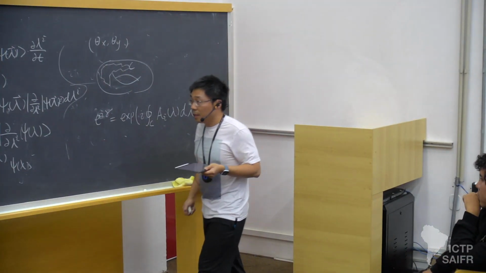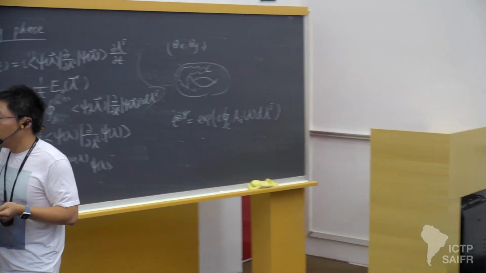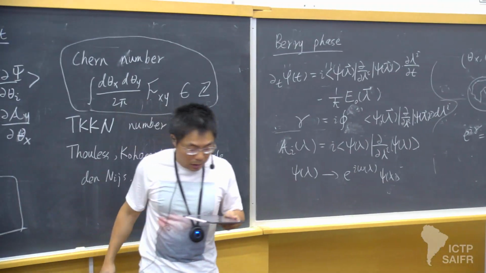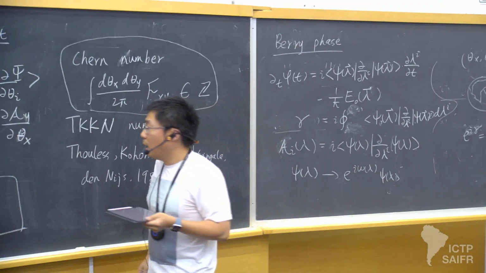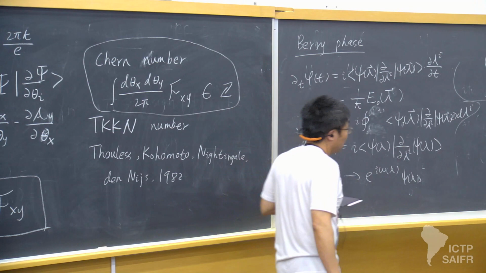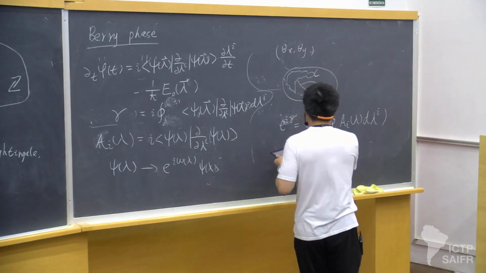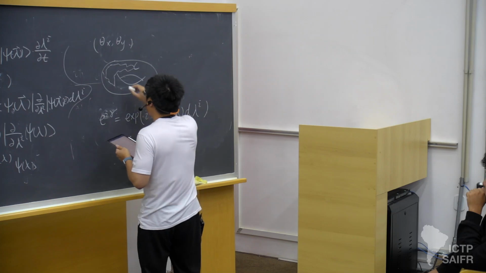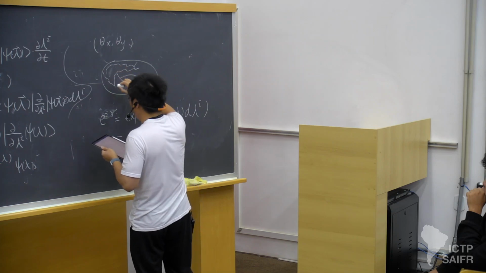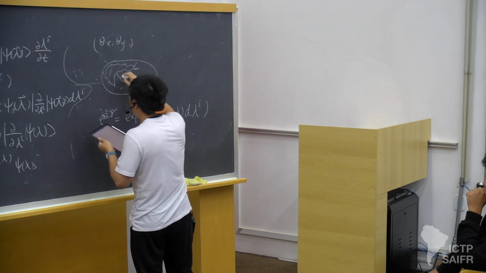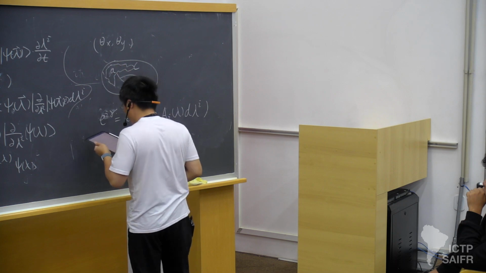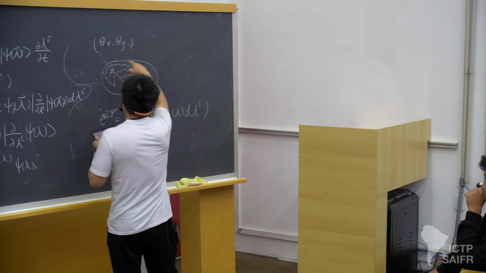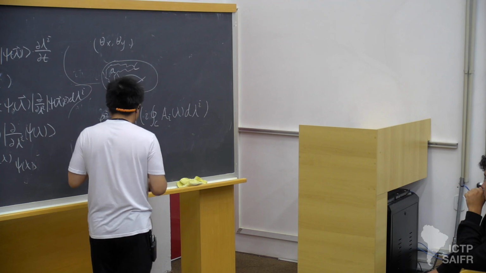And remember that here we also introduced the Berry curvature, right? And so indeed, just use Stokes theorem, right? You can rewrite this integral as, let me, how should I call it, let me call it small a. It just means the area enclosed by the loop, right?